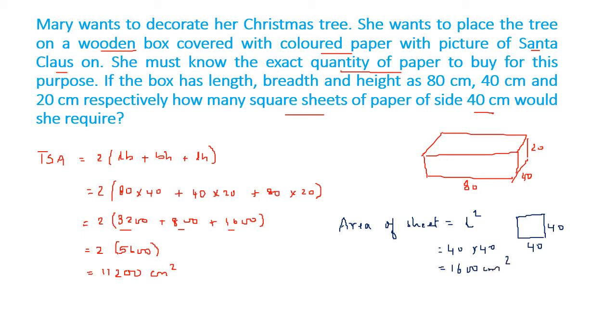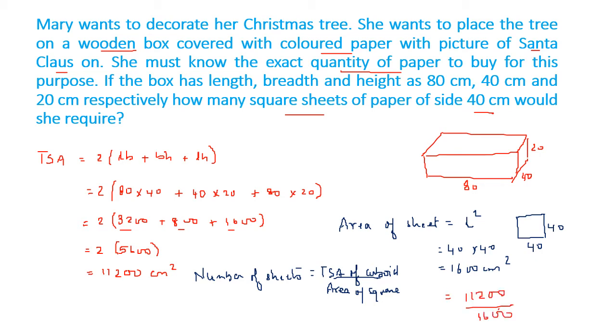Now how many sheets will she need? So number of sheets, because she wants to cover the total area, is TSA of cuboid upon area of square. So this will now become 11200 upon 1600.